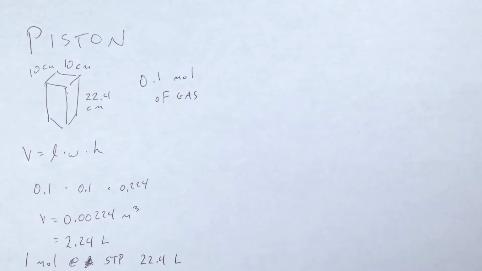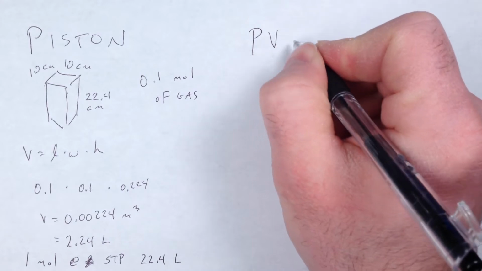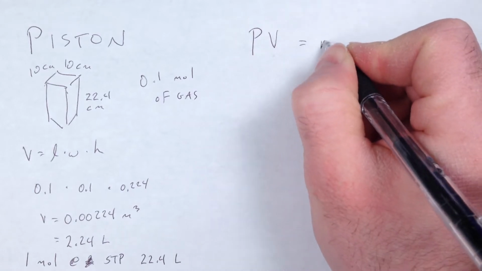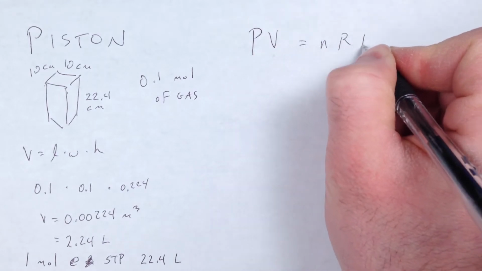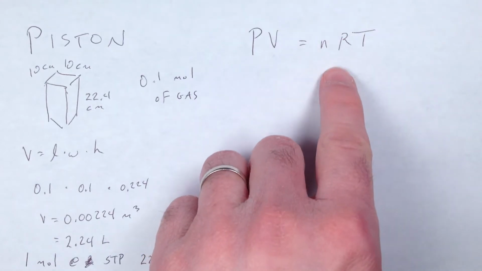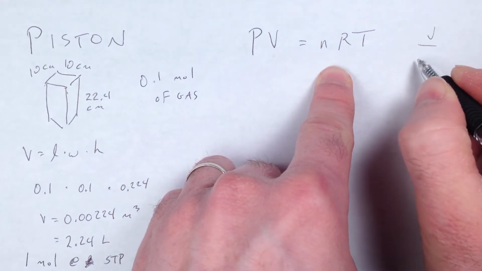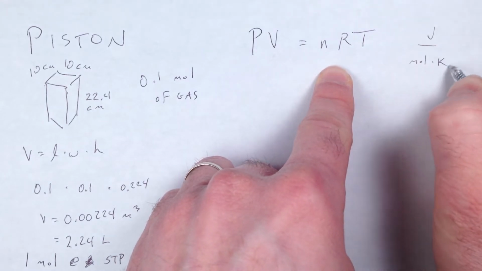Okay, so now that that's set up, I'm going to give you the correction to the ideal gas law. It's not exactly a correction because what I gave you last time wasn't wrong. It's just impractical. So PV equals nRT. The units for R that I gave you last time were joules per mole Kelvin.